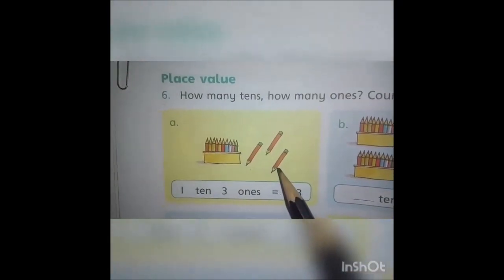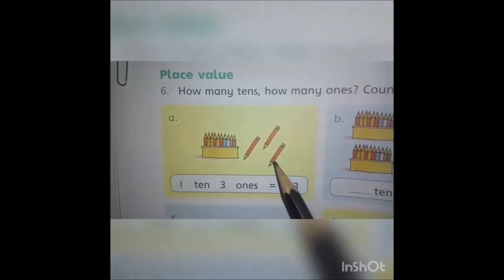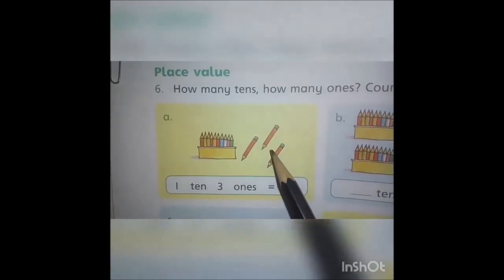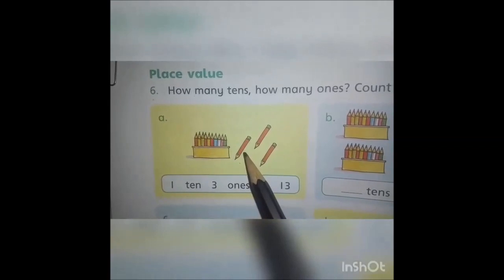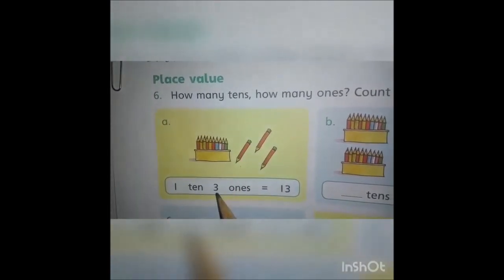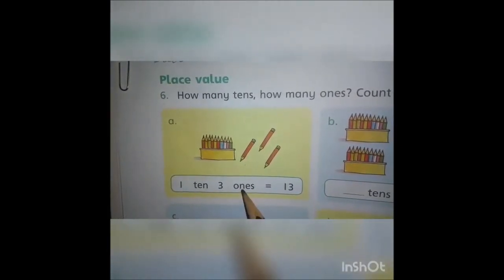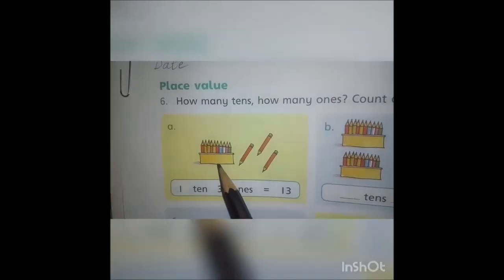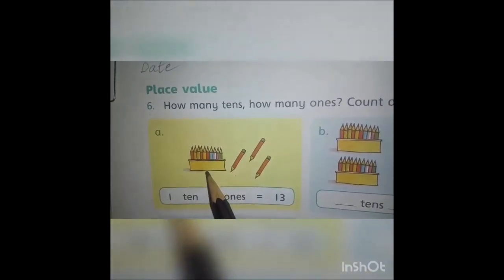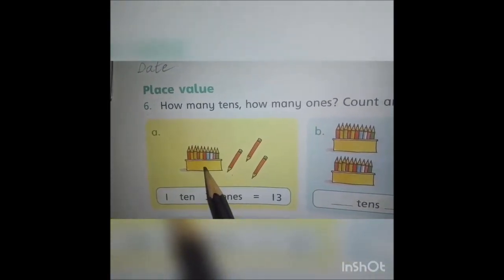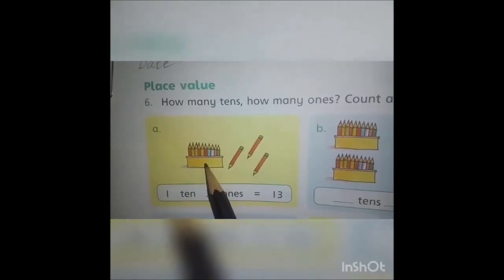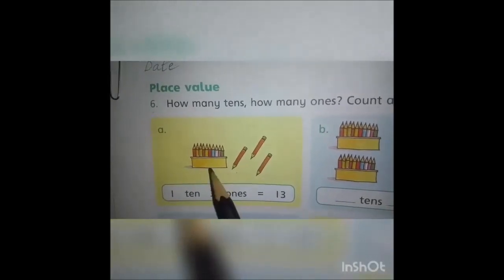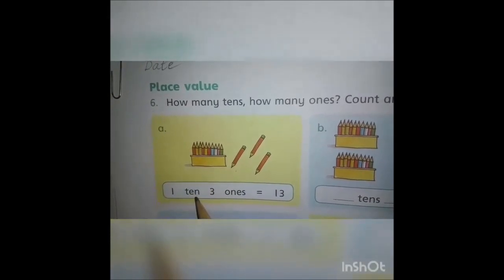Now children, count single pencils. 1, 2, 3. It means 3 ones. Now count the box of tens. Here is only one box, so we write 1. 1 ten.